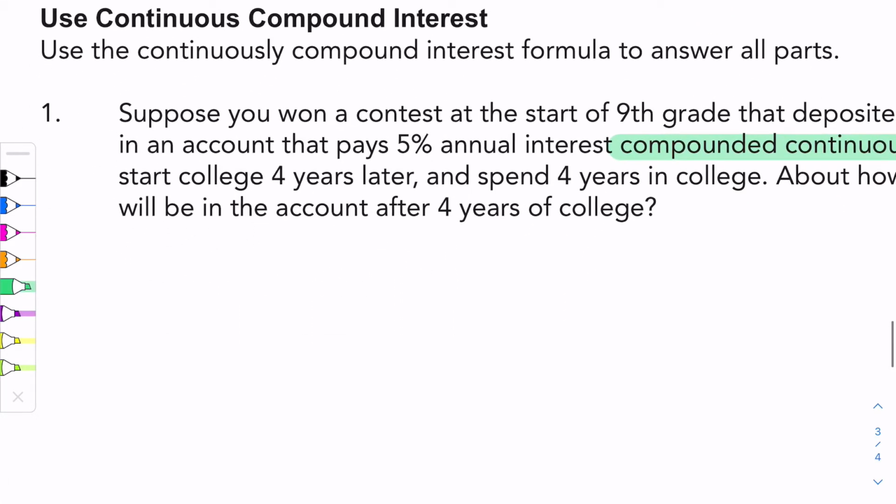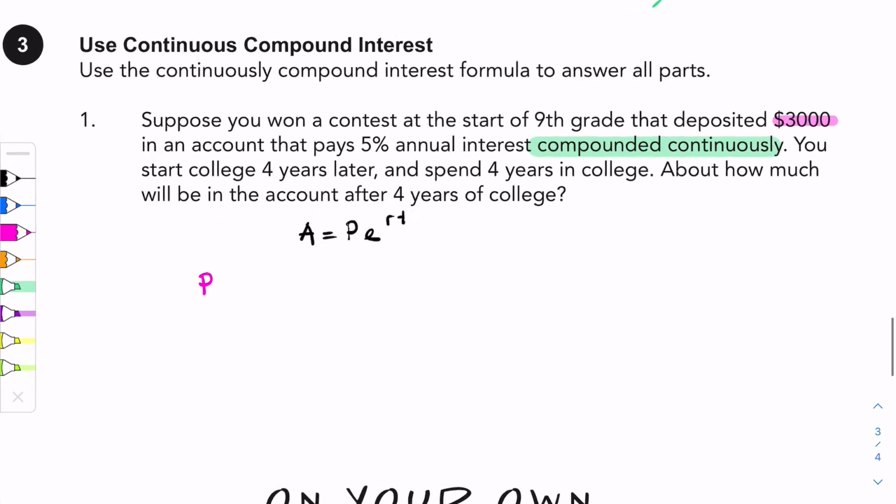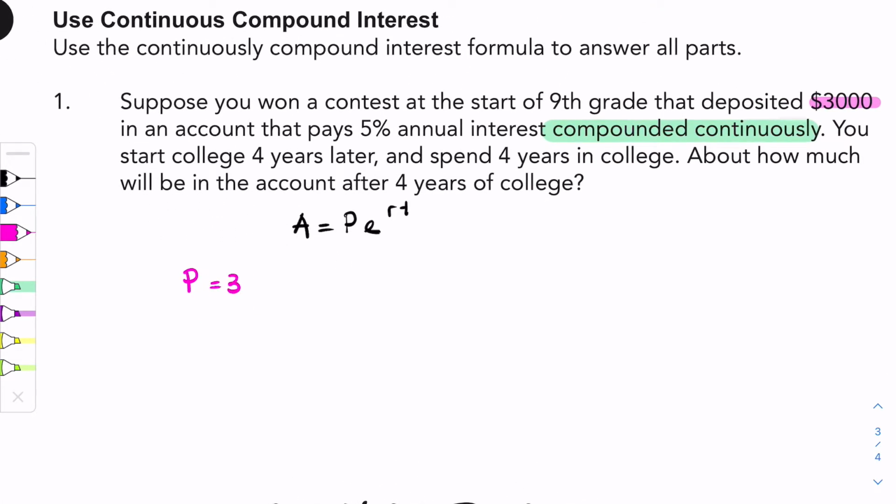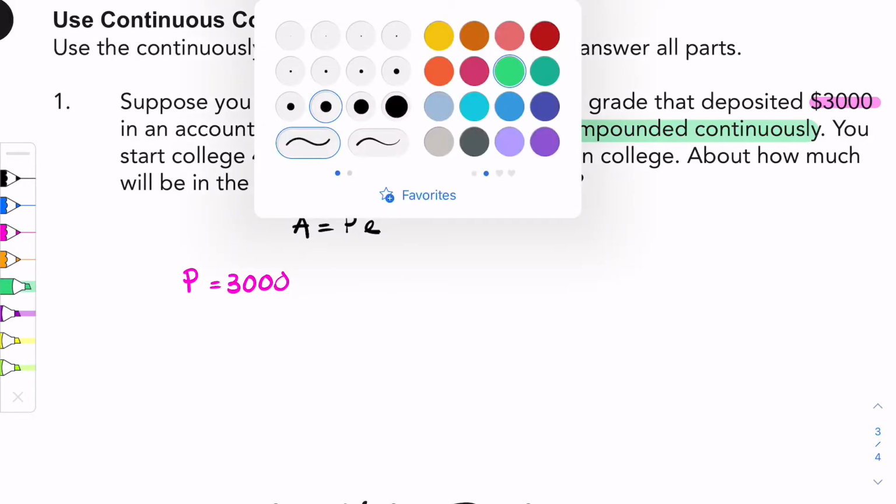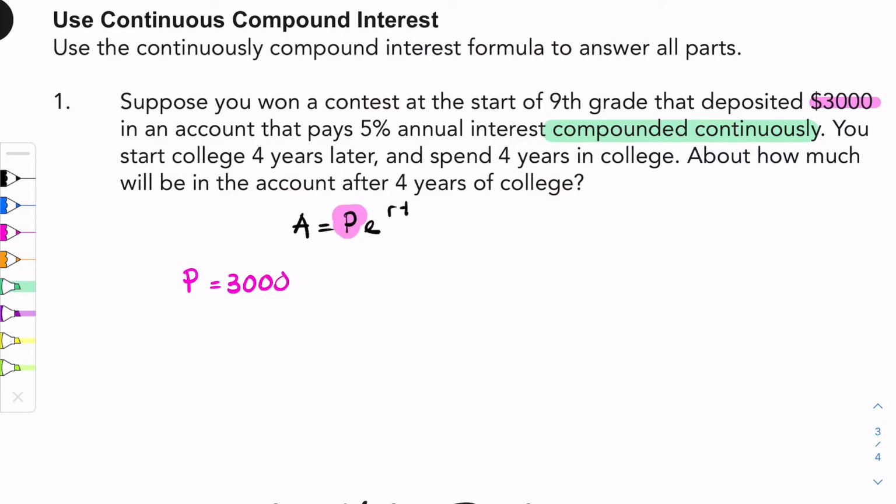So that tells me that I'm using the equation A is equal to the principal amount multiplied by E raised to the power of rate times time. My principal amount is the starting amount, which in this case is 3,000. E is going to be in our calculator. Next, we need to look at the rate. And the rate tells us it's 5% annual interest.